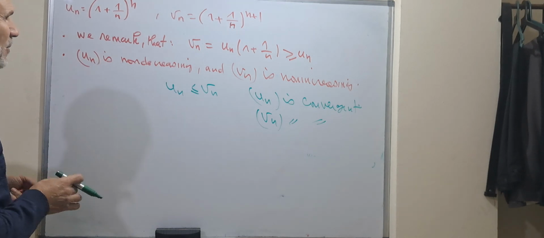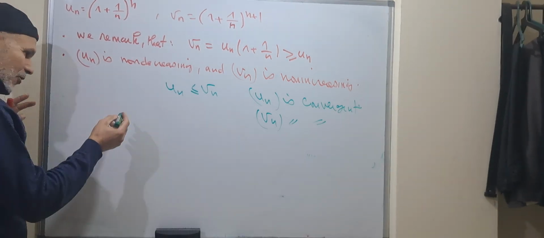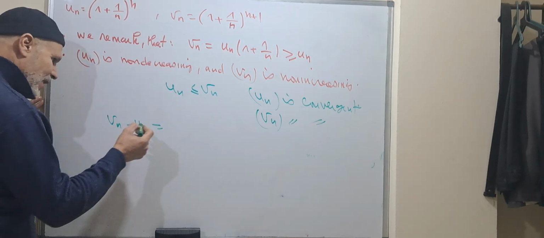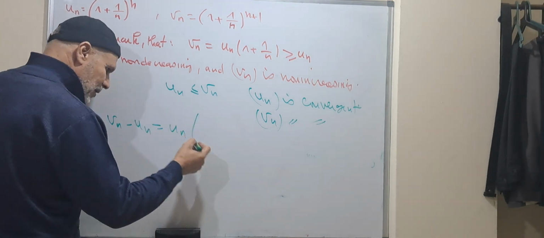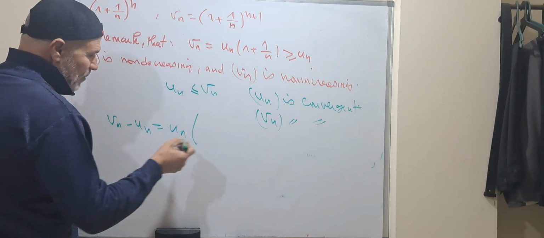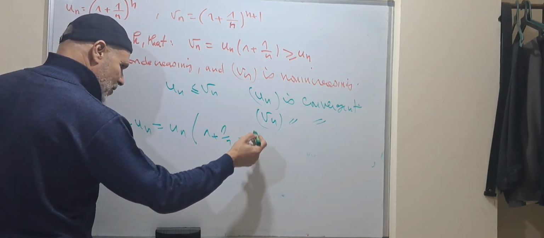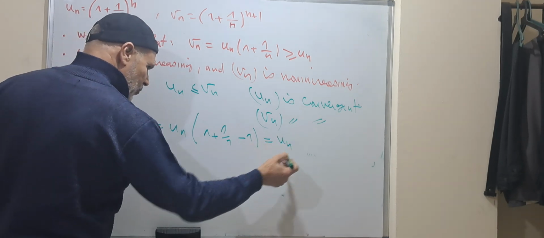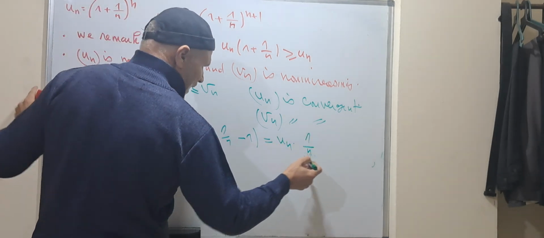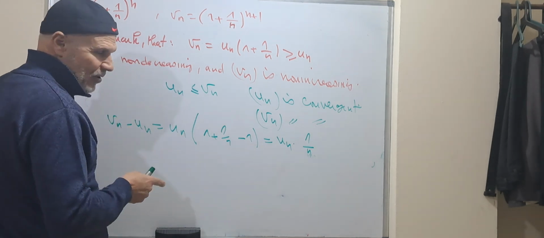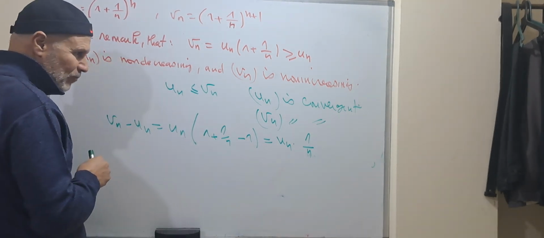We take the difference between them. If we take the difference, we have vn minus un, which is equal to un times (1 plus 1 over n minus 1), which is equal to un times 1 over n. un is convergent, so it is bounded.